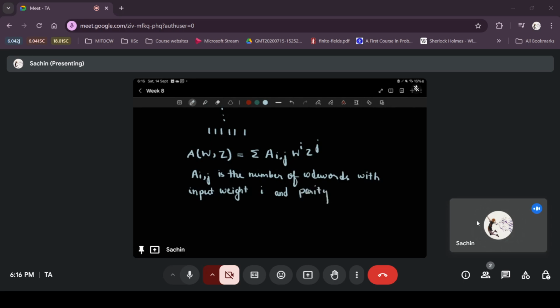So if the parity bit is 1, you have a Z, and if the parity bit is 0, you have Z power 0, which is 1.